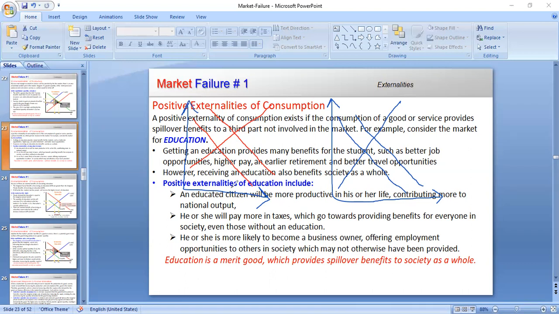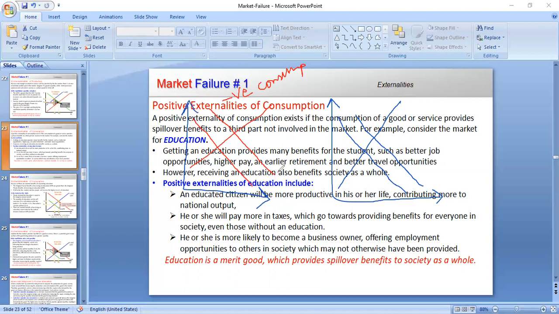Now we saw that with a negative externality, we already looked at a negative externality in consumption. We saw, for example, the cigarette industry, where we looked at BAT.